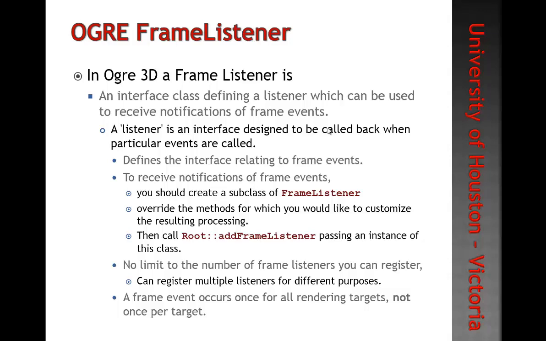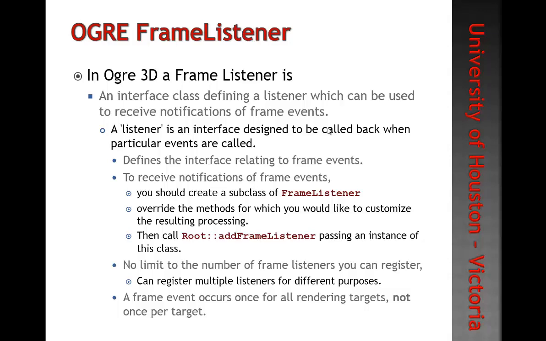Once this subclass of frame listener has been implemented, we can add it by passing it as an instance to the root's add frame listener. That basically attaches our implementation of the frame listener to the root, and then we'll be able to actually utilize it.